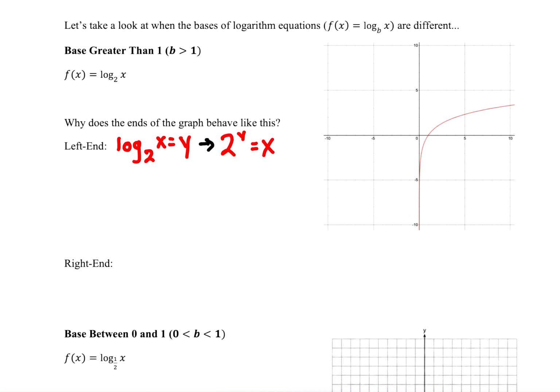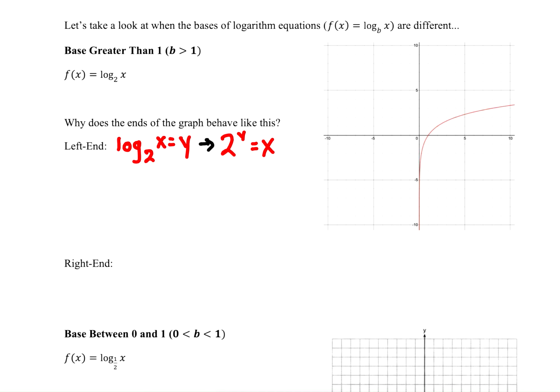So if we look at the left end, we can either look at when y is getting smaller, closer to -infinity, or we can look at when x is getting closer and closer to 0.